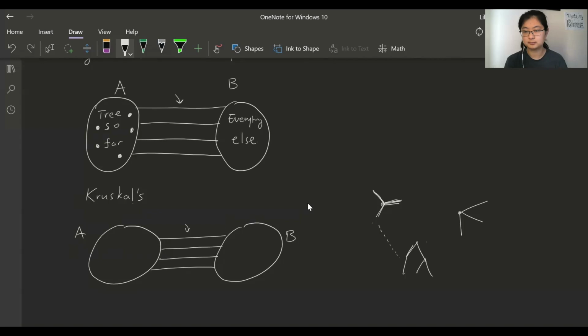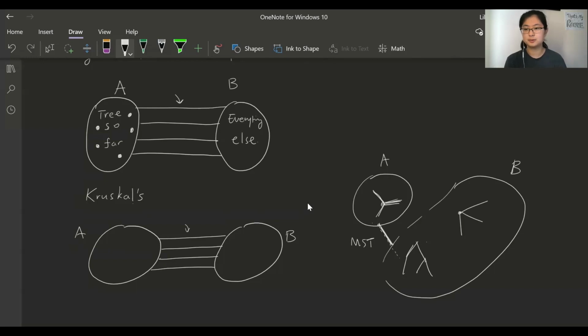We can treat this one right here as A, and then everything else as B. Then when we're taking that edge, we're taking the shortest edge that doesn't make a cycle, so a shortest edge that leads from A to something else. The minimum edge will in fact be guaranteed to lie in the minimum spanning tree.